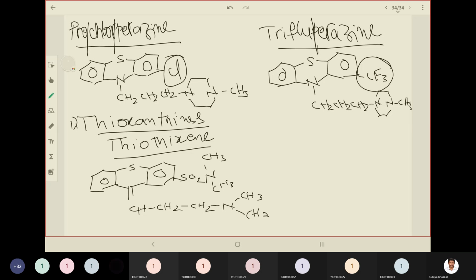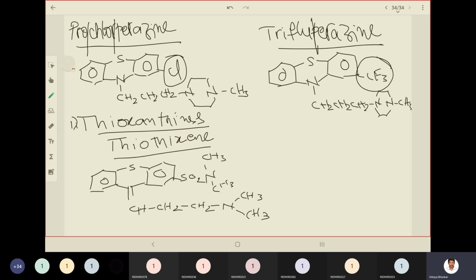So thioxanthenes have a structure in which the three fused rings have only sulfur as the heteroatom. So remember this one and compare phenothiazines with thioxanthenes so that you can easily correlate.